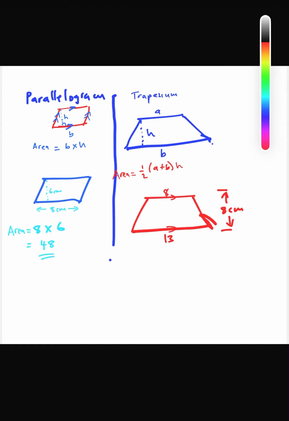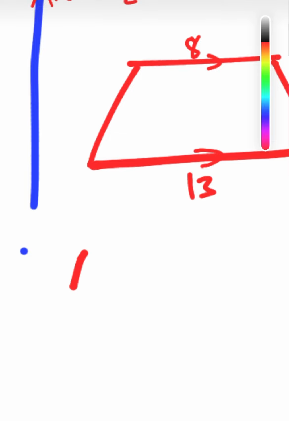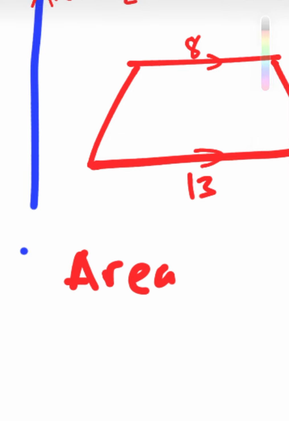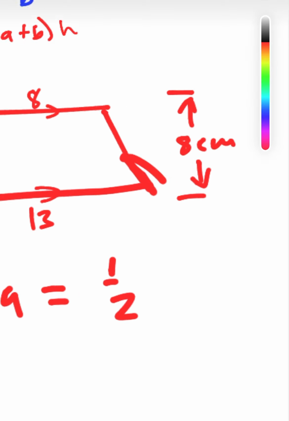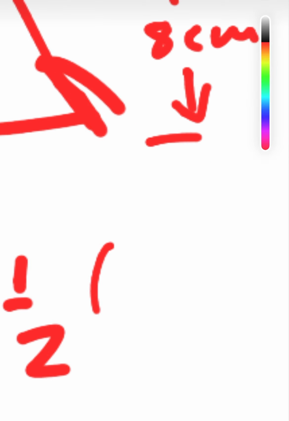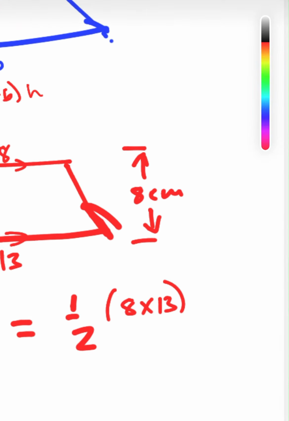So what this simply means is that my area is given by 1/2 of 8 plus 13, multiplied by the height, which is 8.